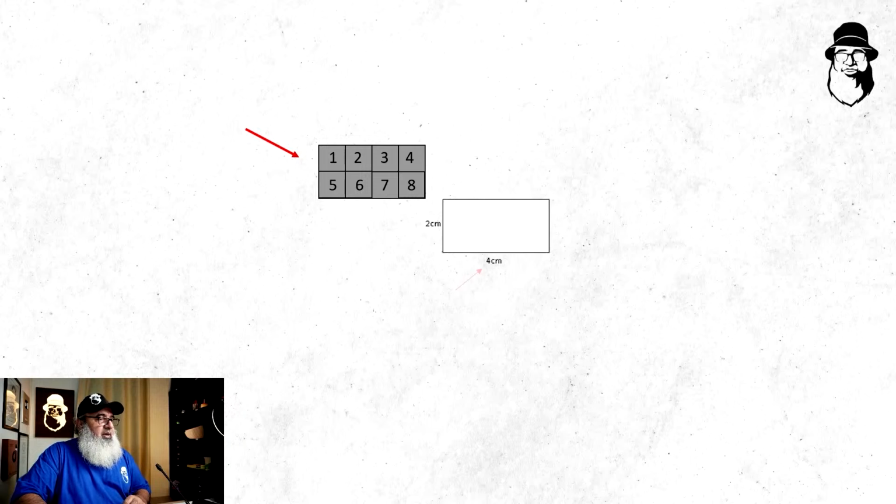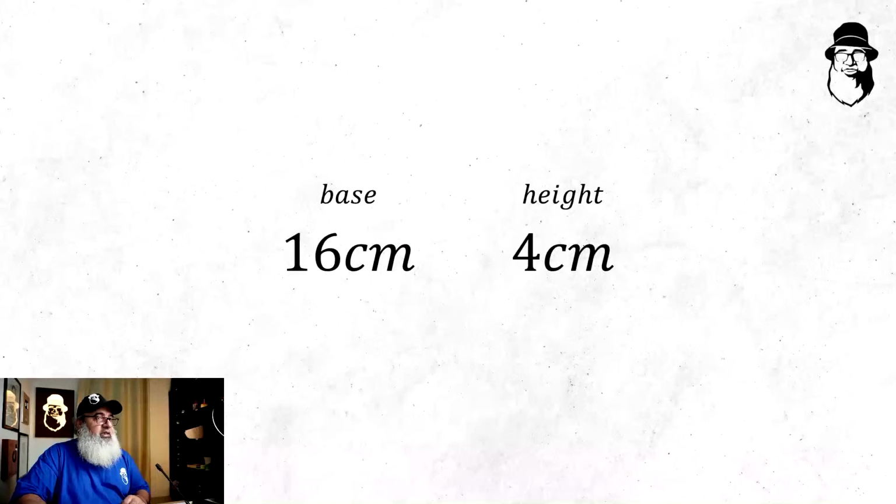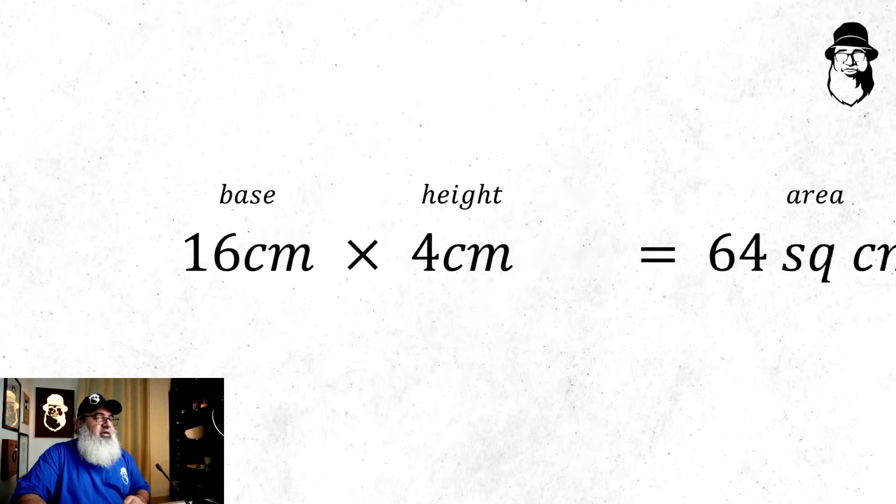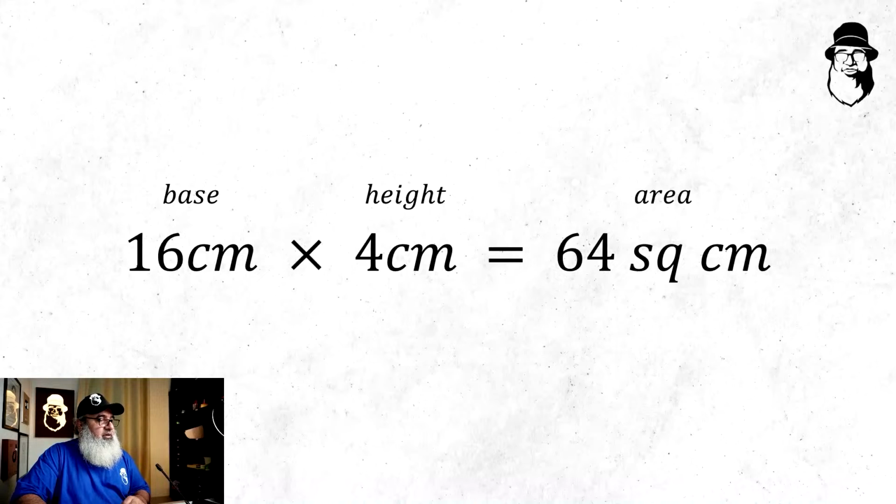Now the easy way is, we just multiply the base of the rectangle by its height. So 4 times 2 is equal to 8. Let's do another example. Similarly, if a rectangle has a base of 16 centimeters and a height of 4 centimeters, the area will be 16 times 4, that is 64 square centimeters.